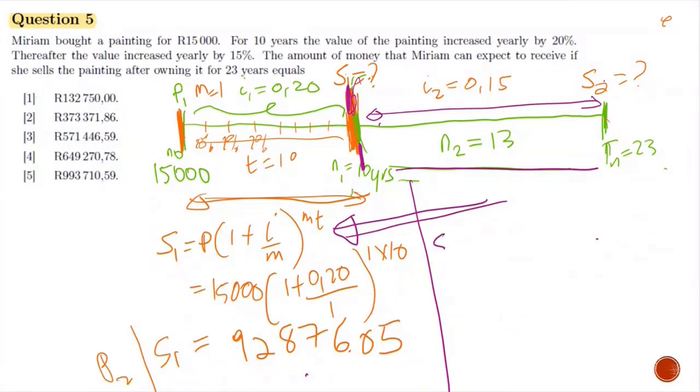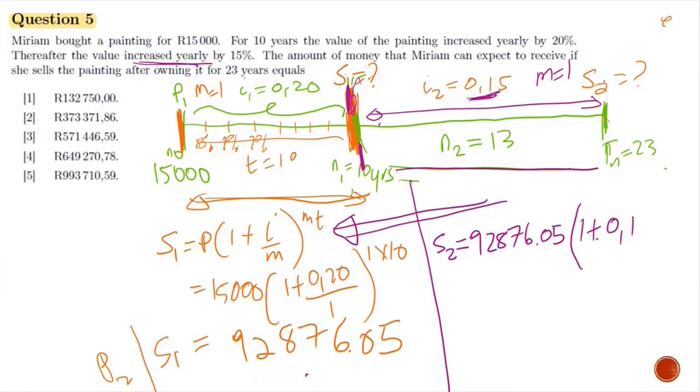So your S2 is going to be equal to 92,876.05 into 1 plus the interest rate. Here too, you are told it is increased yearly, so it is also compounding, and M is equal to 1. Your interest rate here is 0.15 divided by 1, to the power of your time.